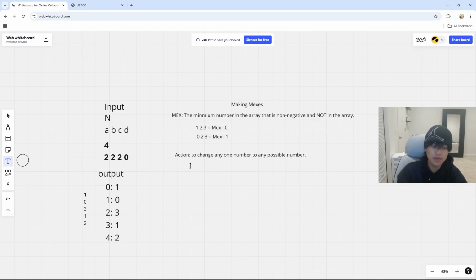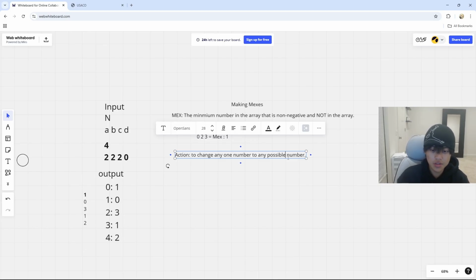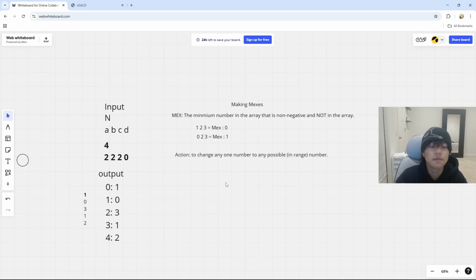Just any possible number, which is obviously in the range. So you can't do a negative, no decimals, right? Because why would you? I don't know if they actually had a restriction, but obviously you wouldn't want to do that. So that would be one action. Two actions would be changing two numbers, three numbers, and that also means you can change one number multiple times, but you never need to do that, so ignore that.